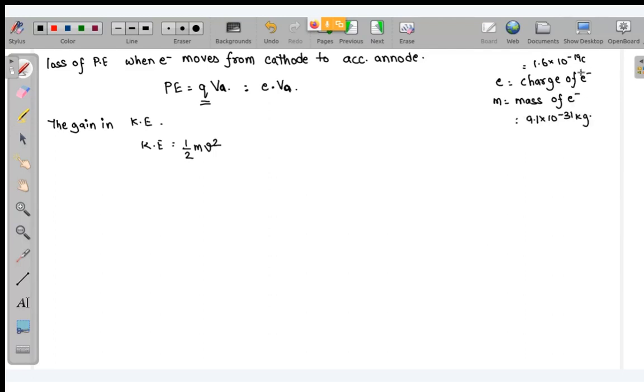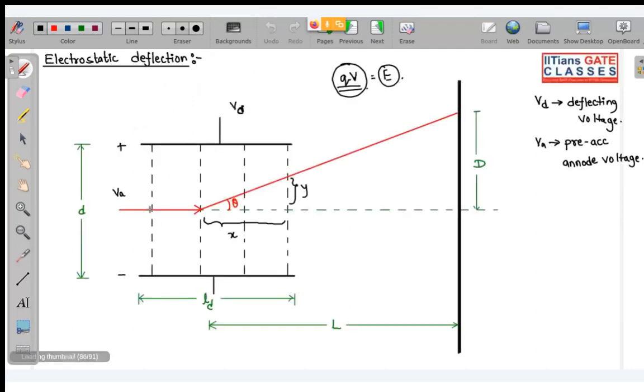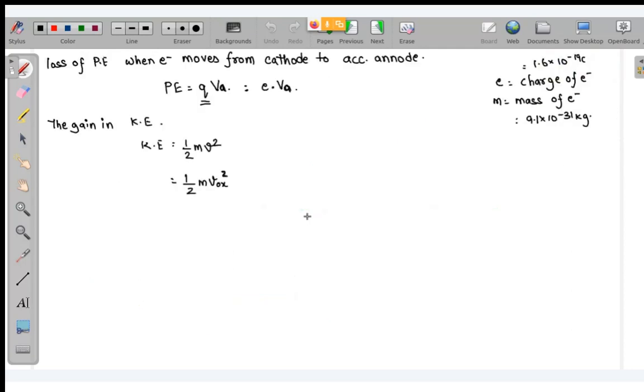See, now half into m. This v, I am writing it as v naught x square. Why am I writing v naught x square? Because this acceleration is happening in the x axis. So the velocity gained will be in which axis? It will be in your x axis only. Is it clear? If you have any doubt, you can ask me immediately.